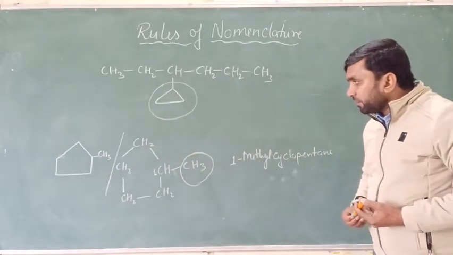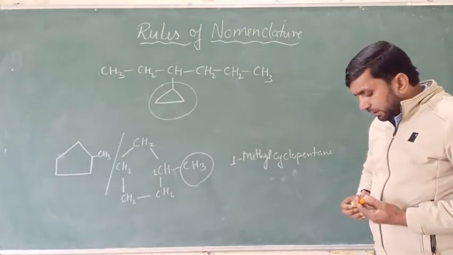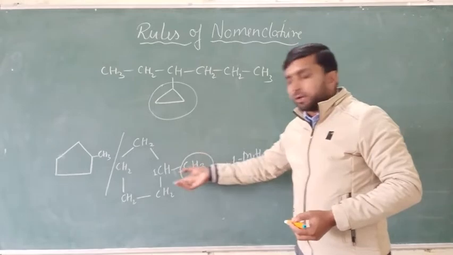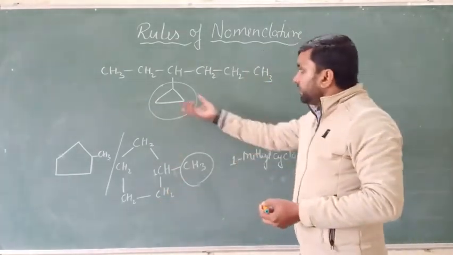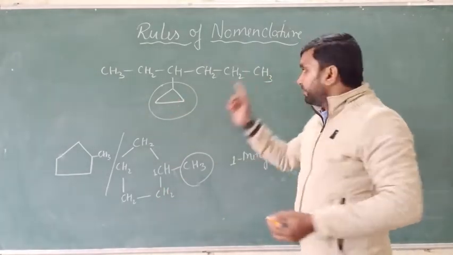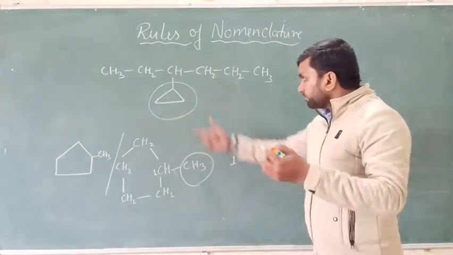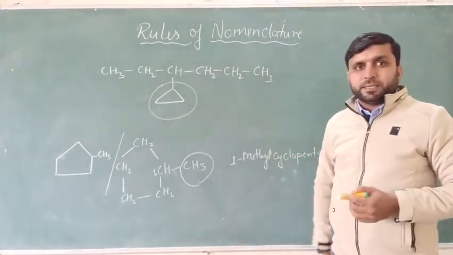In the earlier case, this was treated as a branch because it contained fewer carbons than the cycle. But here the cycle has fewer carbons than this linear chain. So now this cycle will be treated as the branch.